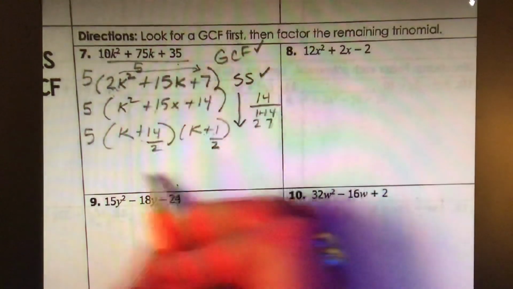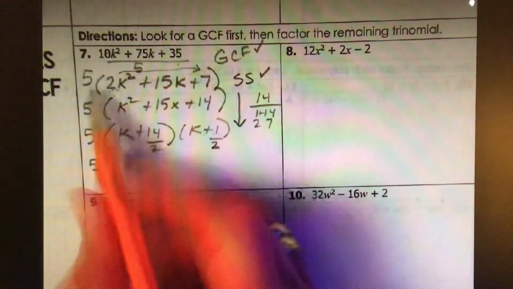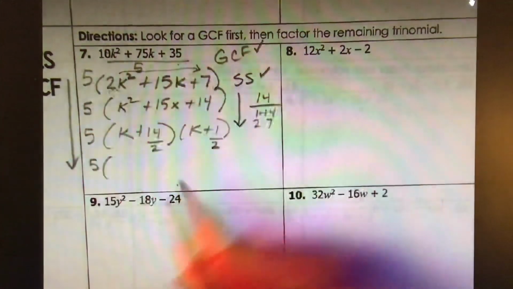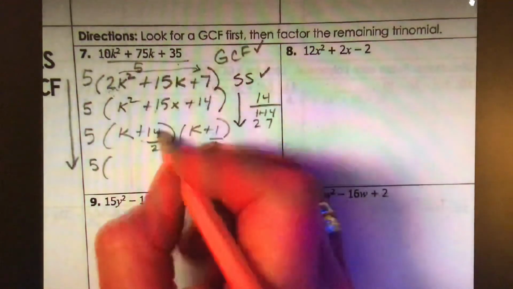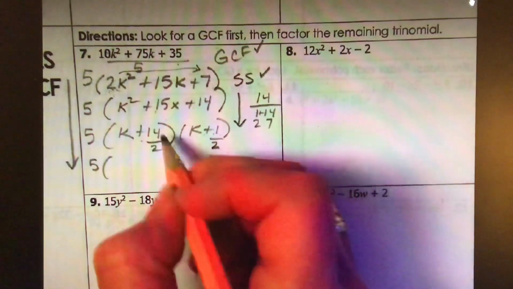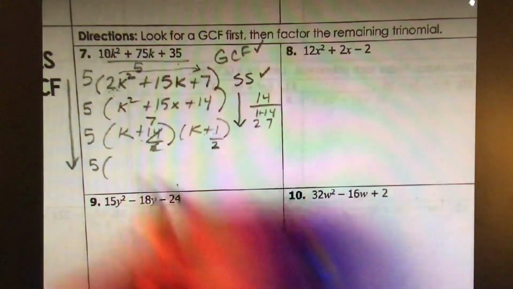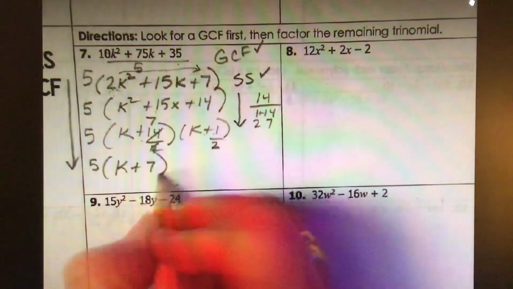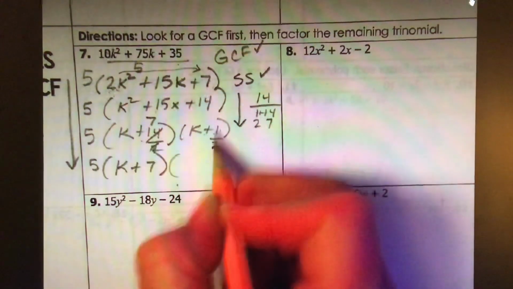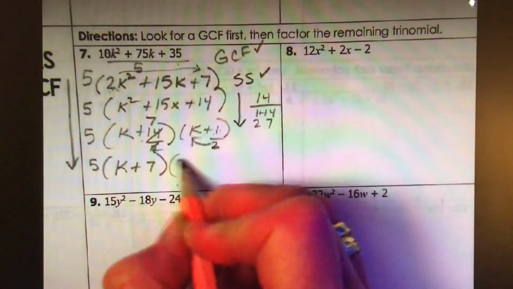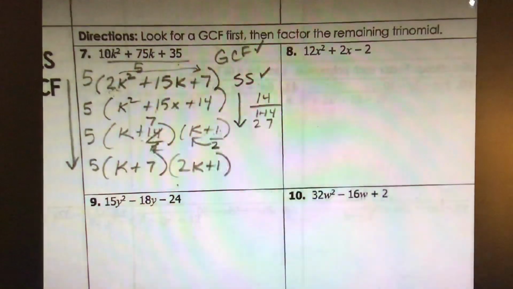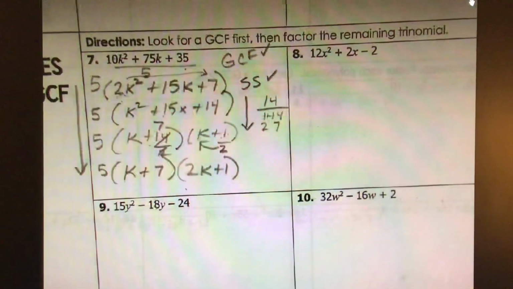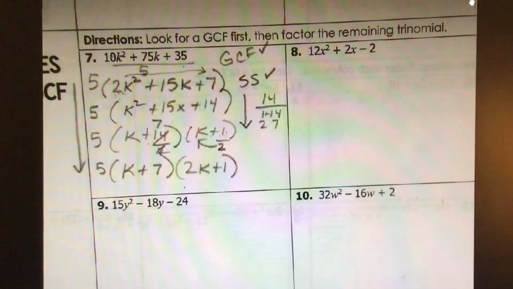Keep carrying that 5, right? Well, 14 over 2 is actually 7. I have no remainder, so really my invisible coefficient is 1. So this becomes k plus 7. And then here, this is in simplified form, so I'm going to slide this over, 2k plus 1. Okay. Good luck. This is a lot, but you can do it.